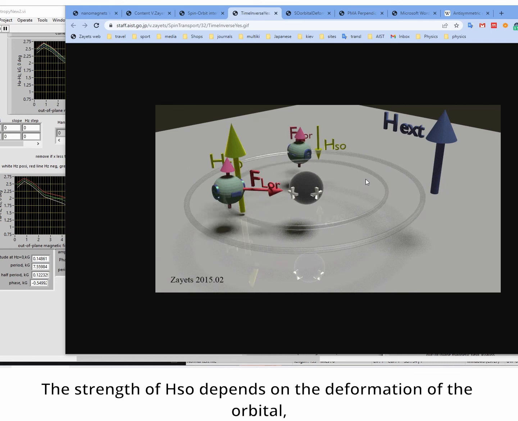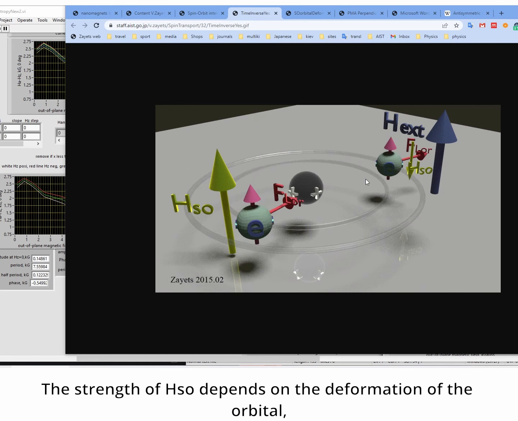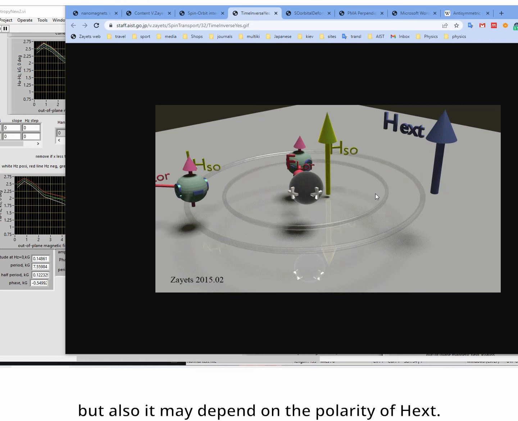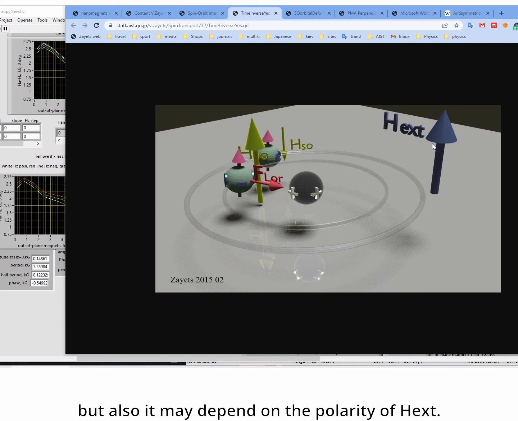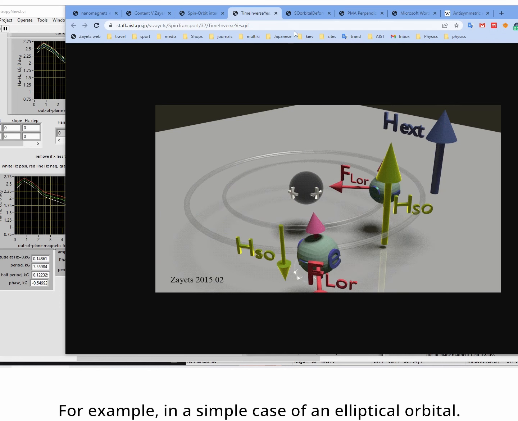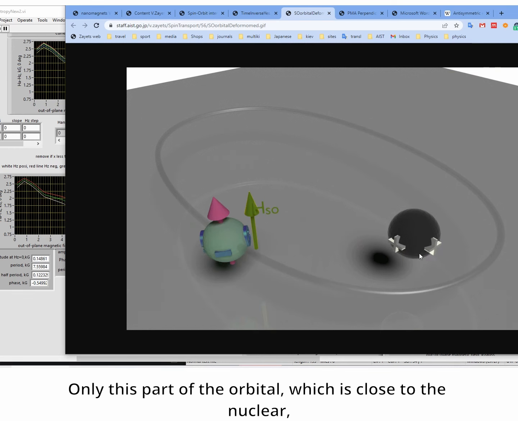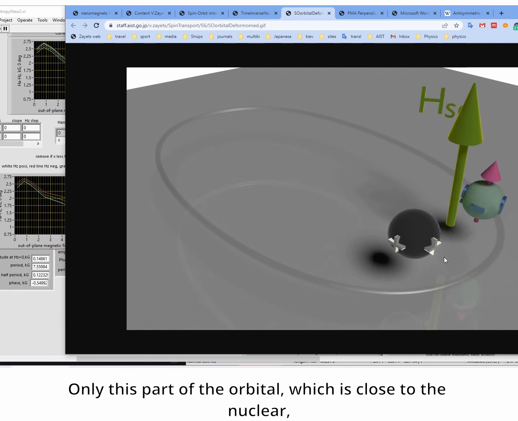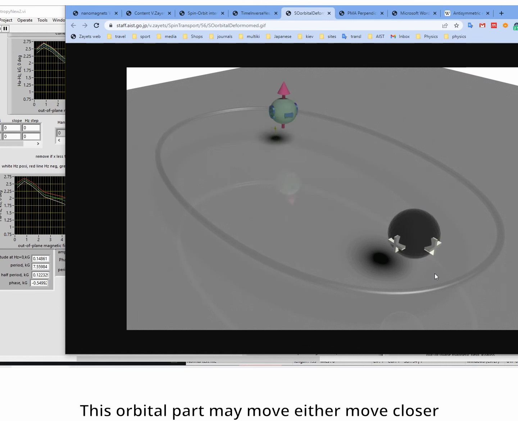The strength of the magnetic field of spin-orbit interaction depends on deformation of the orbital, but it may also depend on the polarity of the external magnetic field. For example, in the simple case of an elliptical orbital, only the part of the orbital which is close to the nucleus mostly contributes to spin-orbit interaction.